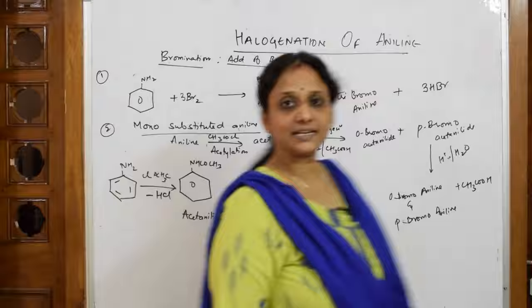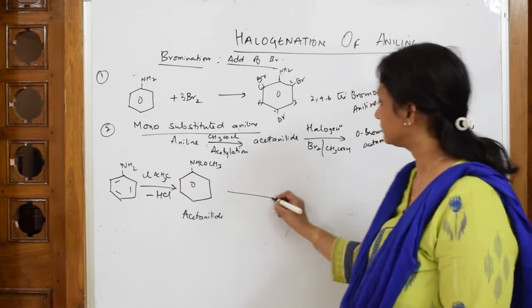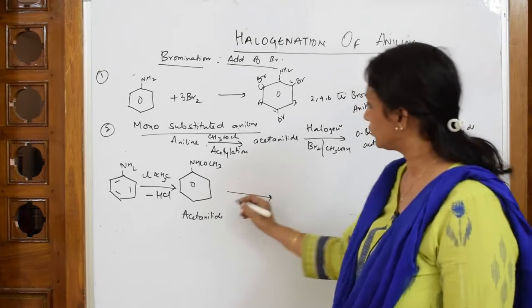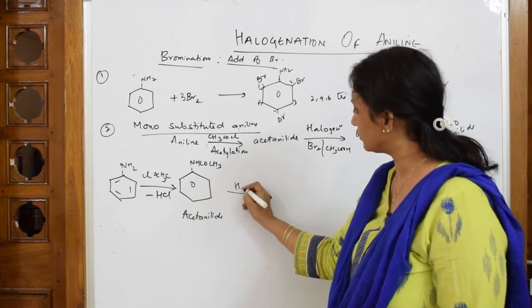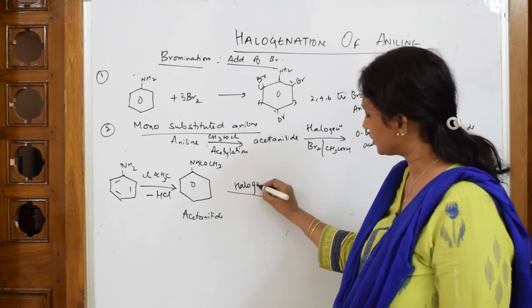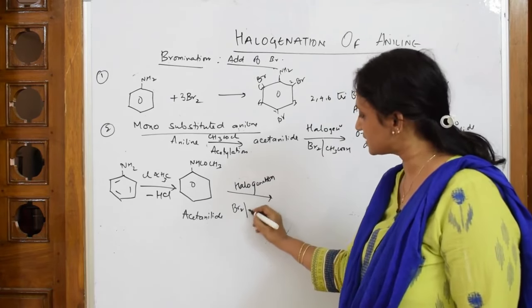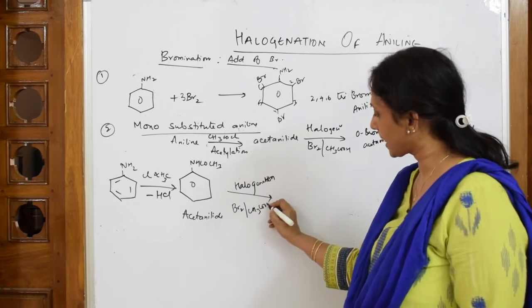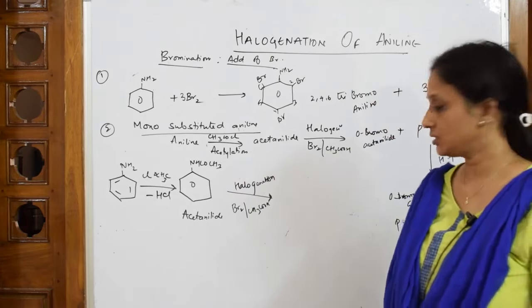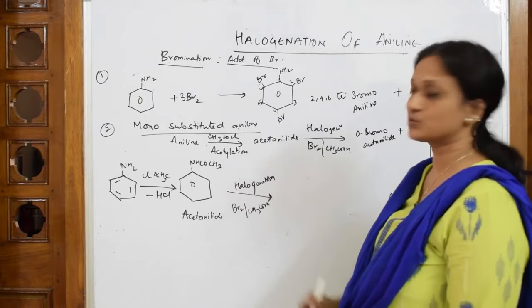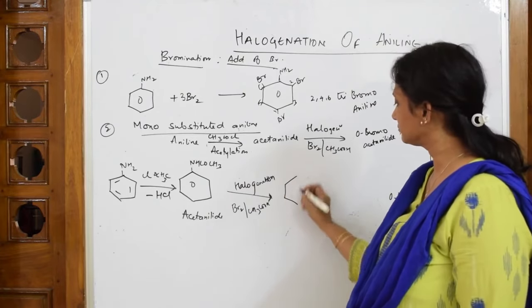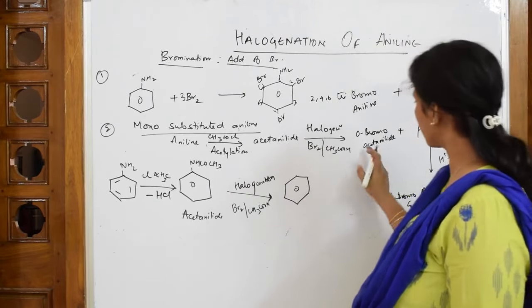Now this acetanilide, we are going to halogenate it. You are going to allow it to undergo halogenation. So which halogen are we using? You are using bromine with acetic acid. So this bromine goes and adds to that. You get 2 products, I said.